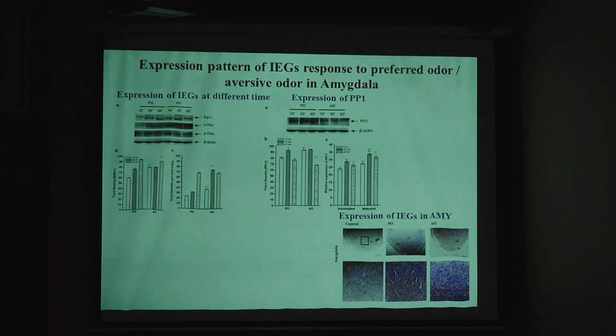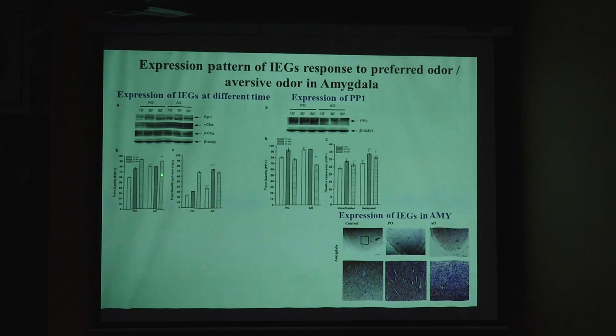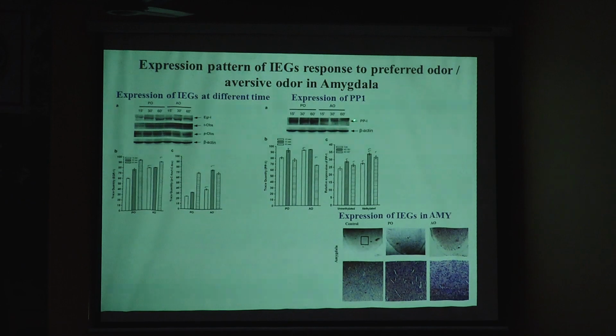But when coming into the amygdala, here the expression pattern is completely different. Here you can see that EGR1 is going out for the aversive odor, and the PP1 expression is going up.